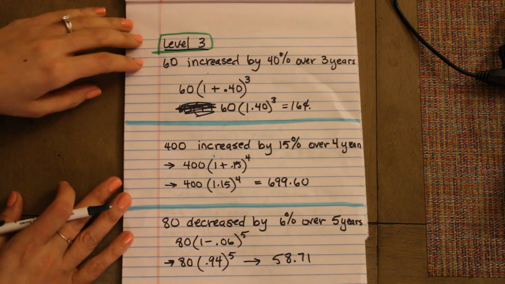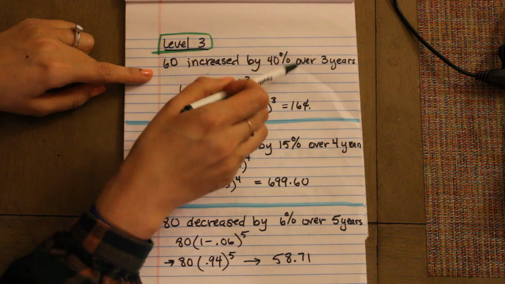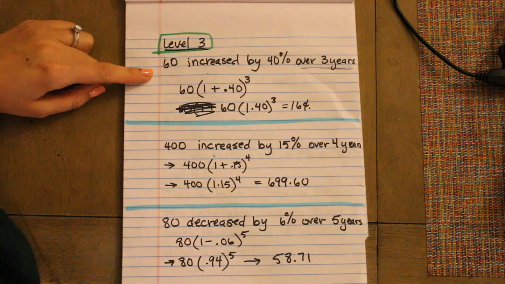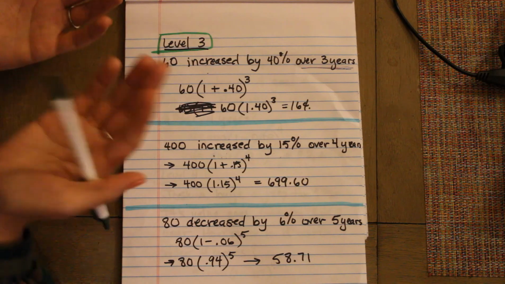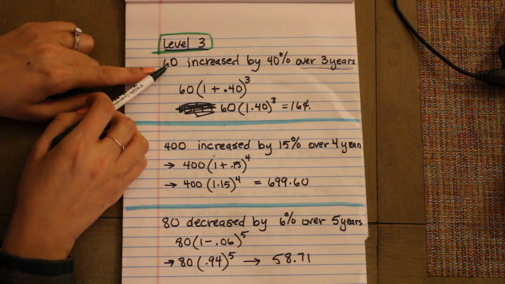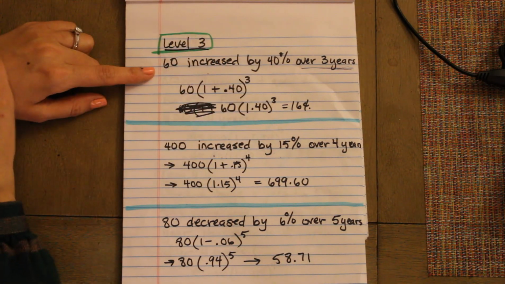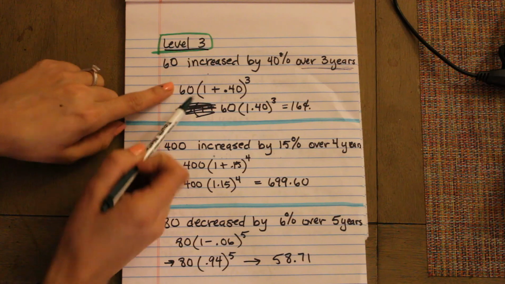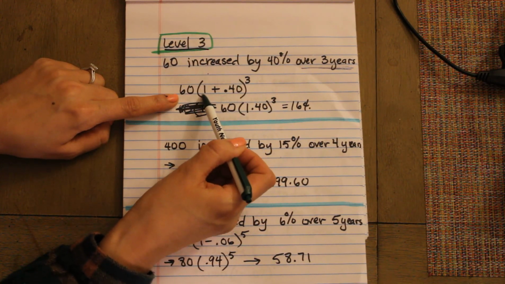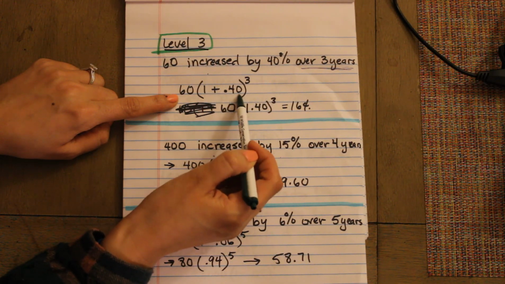Level 3 is going to be when we increase by a percentage over the course of some time. Usually it'll be years. Sometimes it's weeks, months, minutes. It depends on the problem. So for example, I have 60 increased by 40% over 3 years. So I'm going to take the same base, which is the amount, times 1 plus, because I'm increasing, 40%, 0.40.